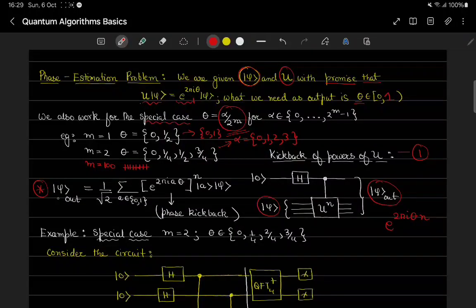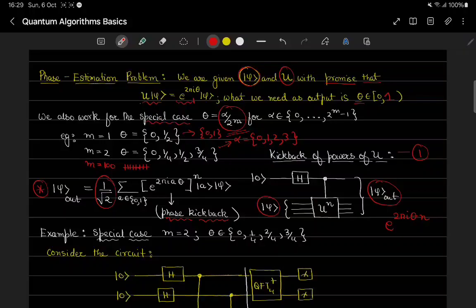So this can be written in a concise fashion as this particular line here. You have the output as 1 over root 2, which is just the factor coming from the Hadamard gate, and then a summation over a belonging to 0 and 1, of e power 2 pi i a theta n times a, psi. This is the phase kickback that I am denoting here.